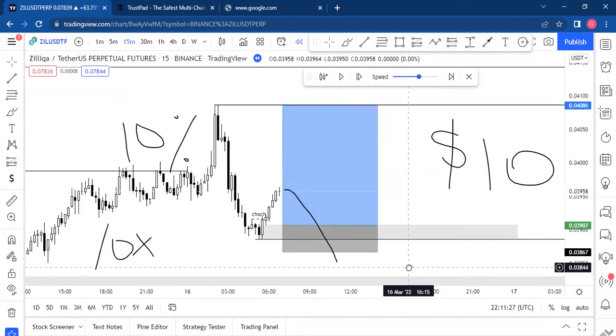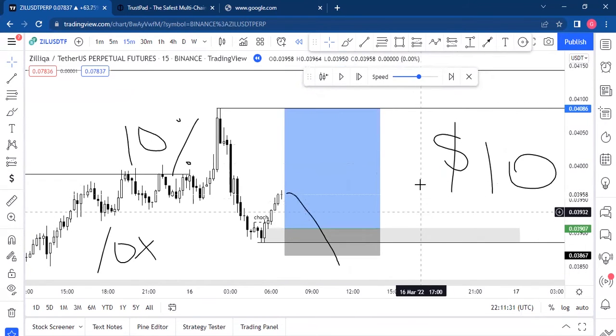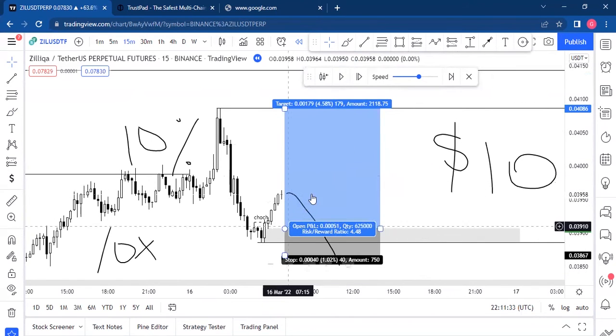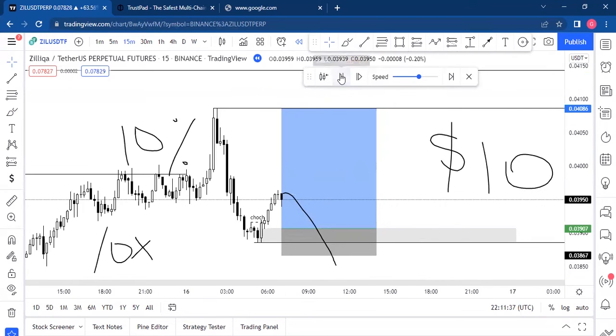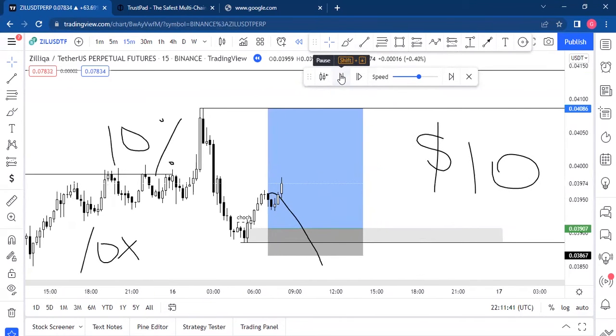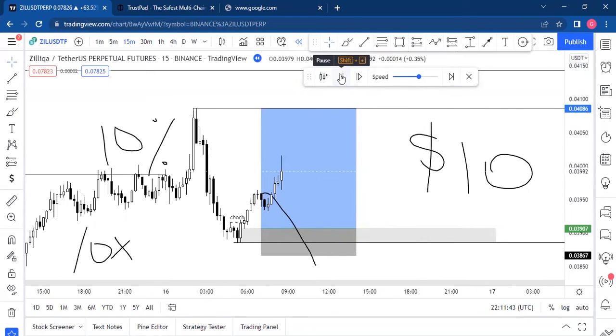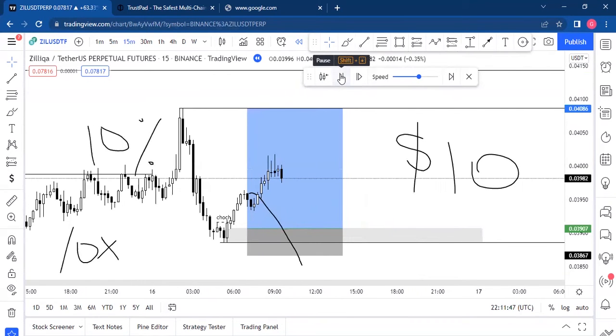Okay, from an analogy, let's assume we've entered this trade, right? We're waiting to buy at this particular point here. Let's see if price comes back to that point and reacts to it. Let's wait for price to react.